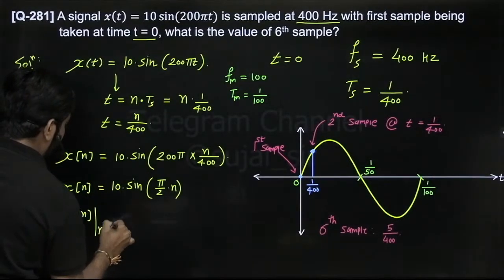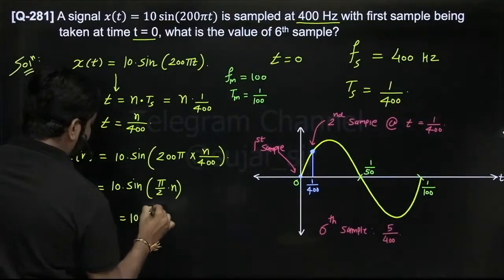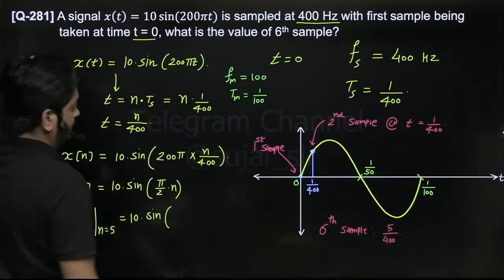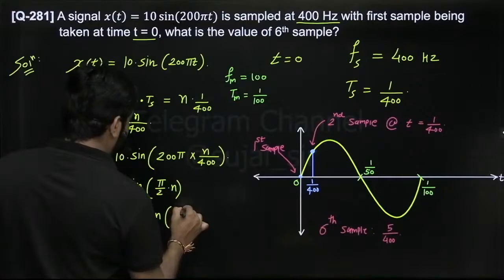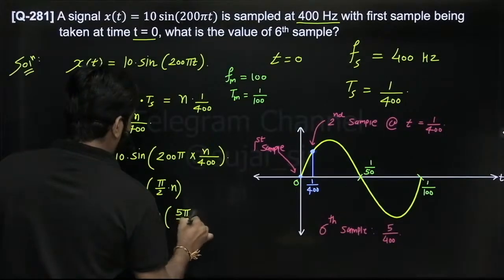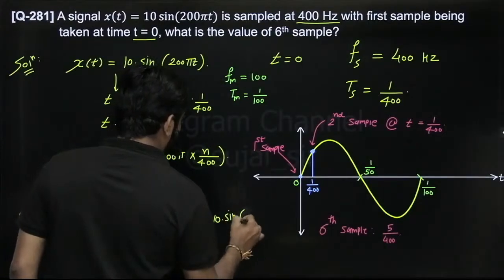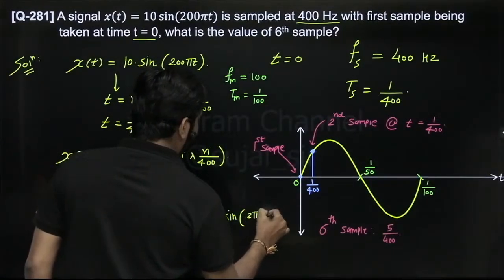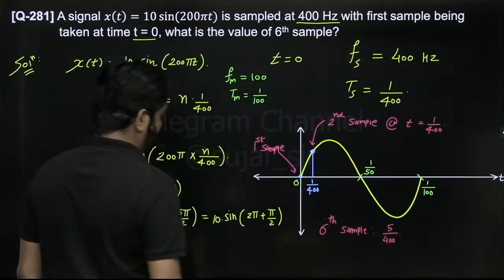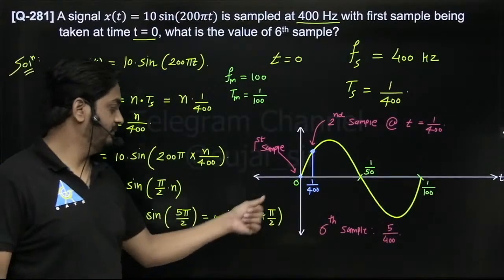So 10 sin, if you put n equal to 5, then 5 pi by 2, guys. So 10 sin of 2 pi plus pi by 2.